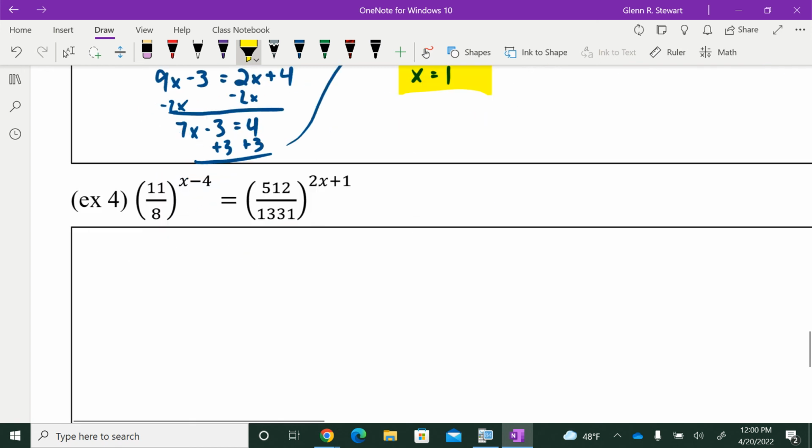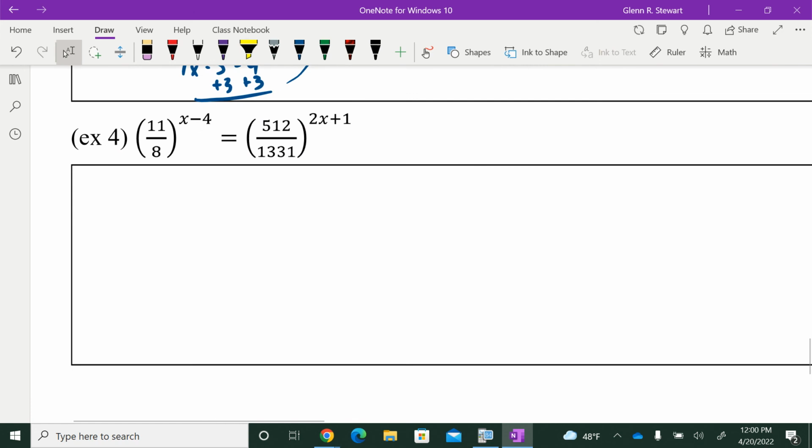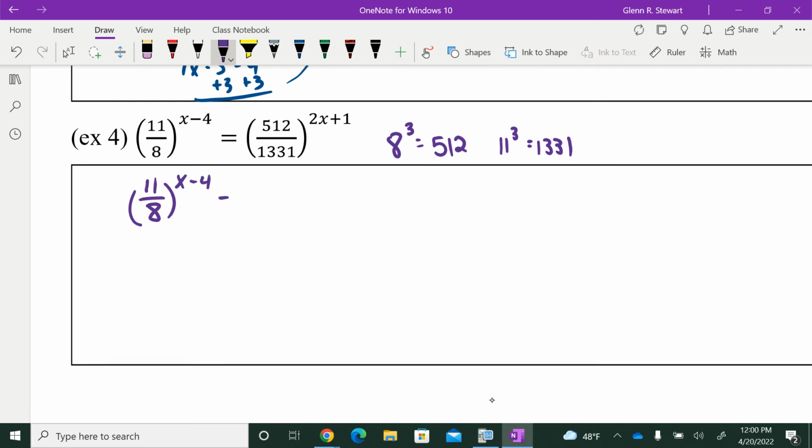All right, example number 4. So this is one of the more complex ones just because of the bigger numbers. I'm going to give this to you: 8 cubed is 512, and 11 cubed is equal to 1331. So I'm going to leave this side as is, 11/8 to the x minus 4.